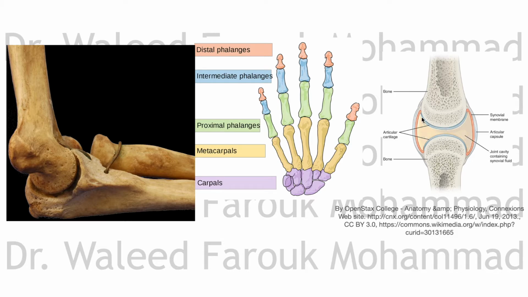They are all lined in the synovial cavity, the cavity within the joint. This is the synovial membrane in orange, containing the synovial fluid and the articular cartilages. And then from the outside, there is the fibrous capsule that encloses the whole joint.